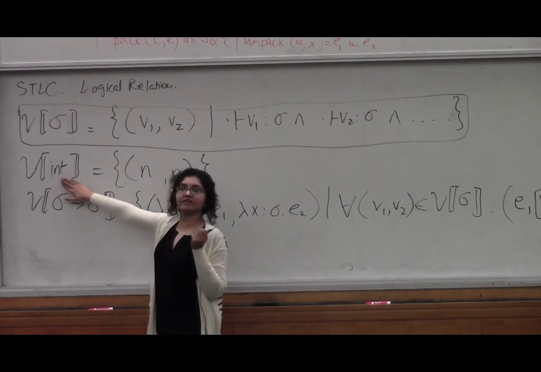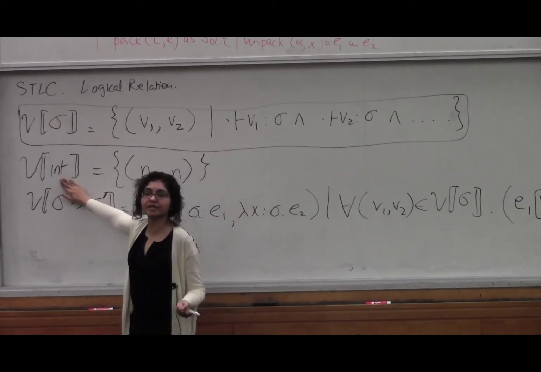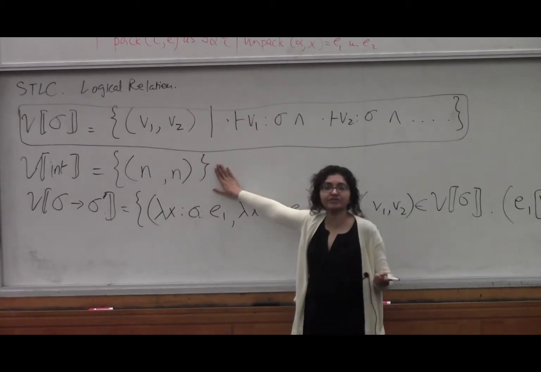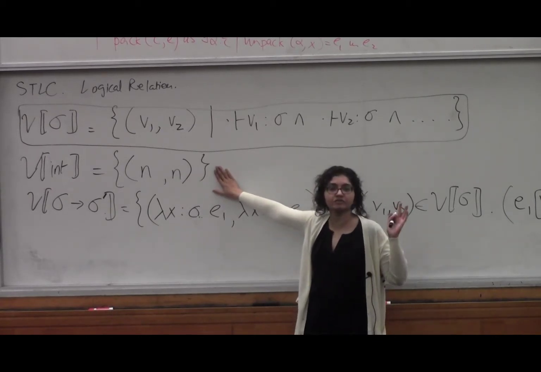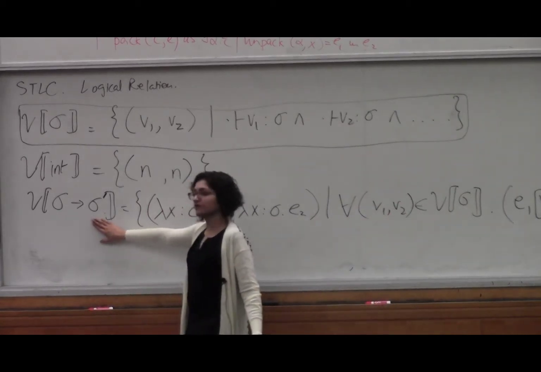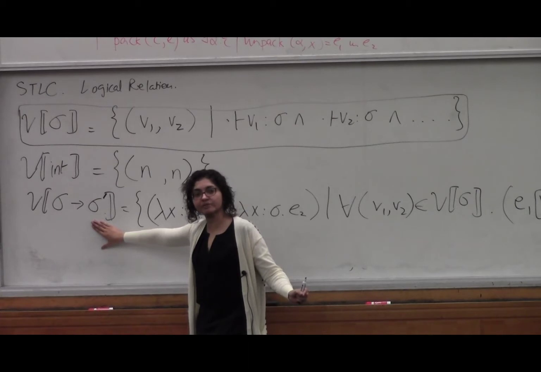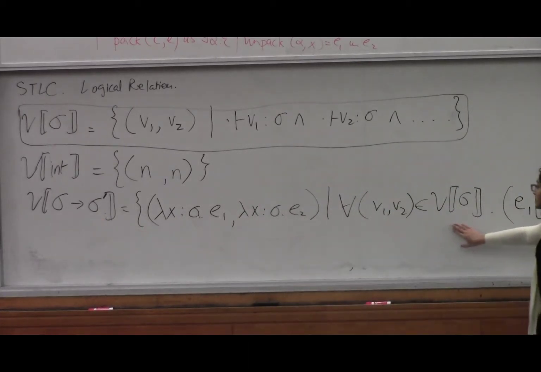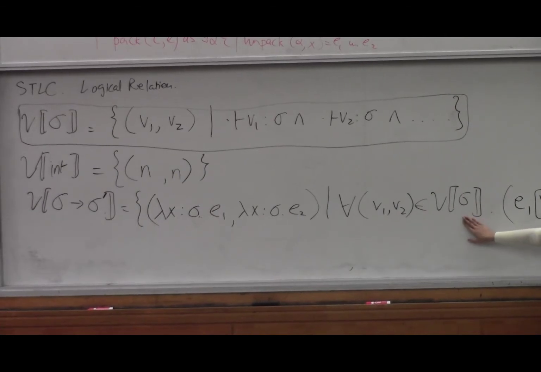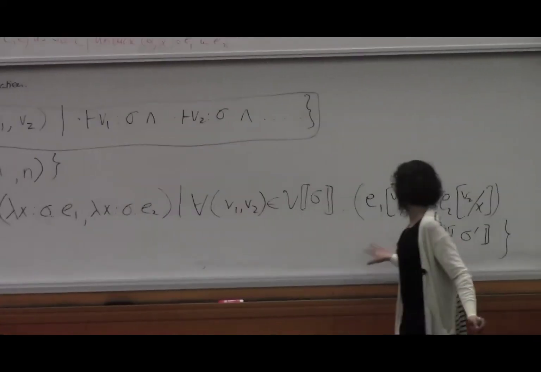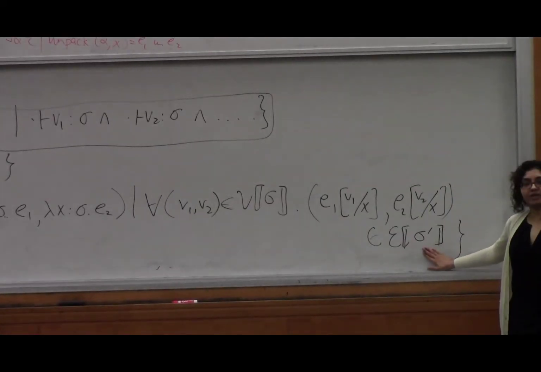So when I define when values are related at the type int, I better not be referring to the V relation or the E relation in the definition, so I'm good, right? Here, I am trying to say when values are related at the type sigma arrow sigma prime. Inside the definition, I am using the V relation at a smaller type sigma, since sigma is smaller than sigma arrow sigma prime, and at the smaller type sigma prime. So both types are smaller.